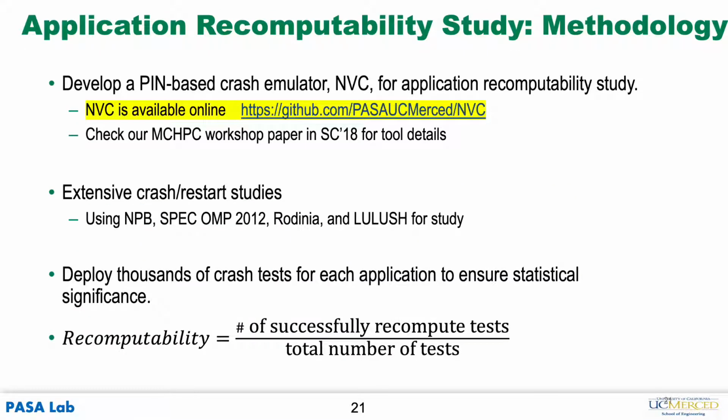To study how application restart behaves with the inconsistent data left in non-volatile main memory, we perform an application recomputability study. We define application recomputability in terms of application outcome correctness. In particular, we claim an application recomputes successfully after a crash if the final application outcome remains correct.